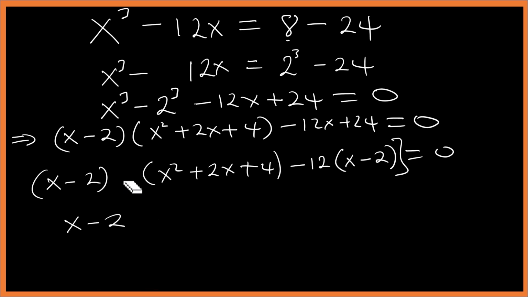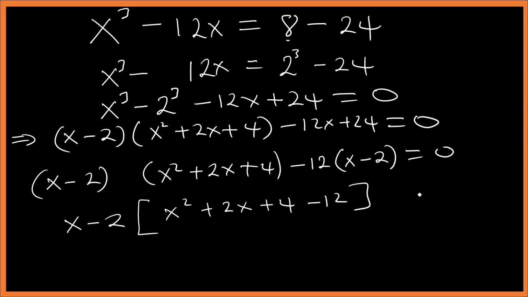Okay, let me remove the bracket first. So we have x minus 2, and we have this. So we'll be left with x squared plus 2x plus 4 minus 12, equals 0. So in going back, this one multiplies this and multiplies that, so I've done nothing.